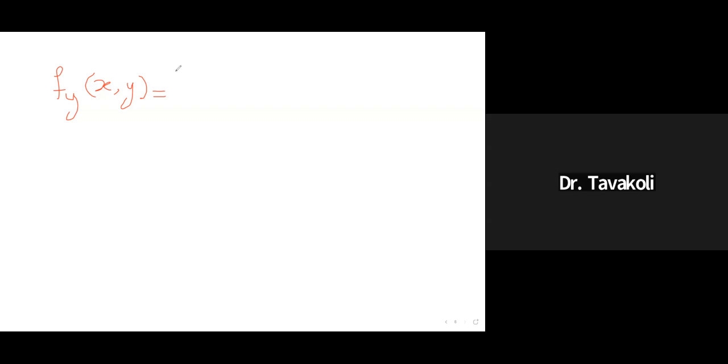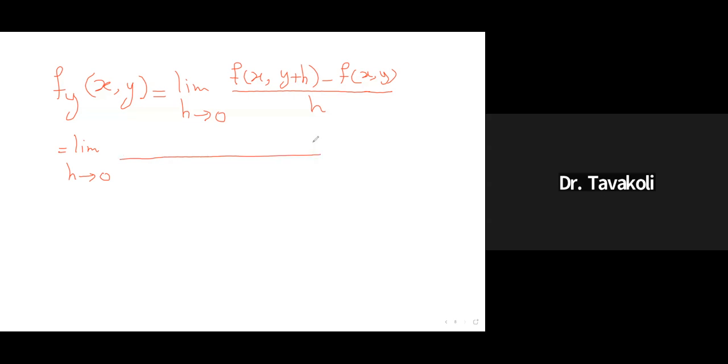So by definition, this is the limit as h tends to 0 of f of x comma y plus h this time, minus f of x and y, divided by h. This is just by definition the partial derivative with respect to y. So this equals the limit as h tends to 0.